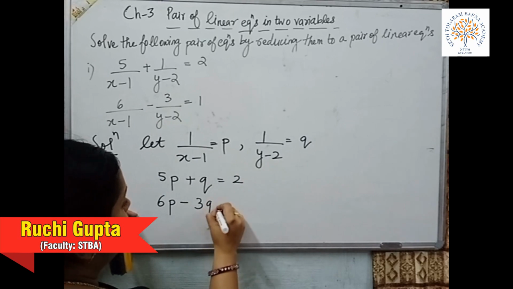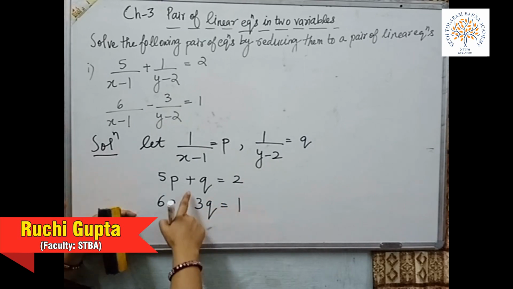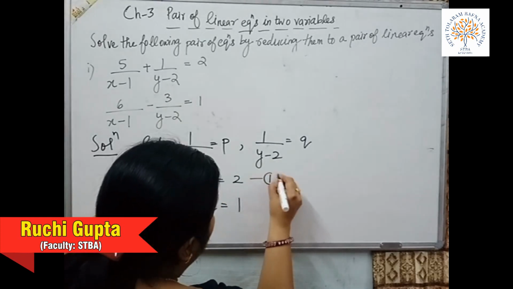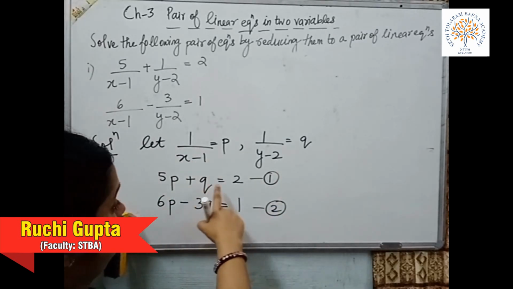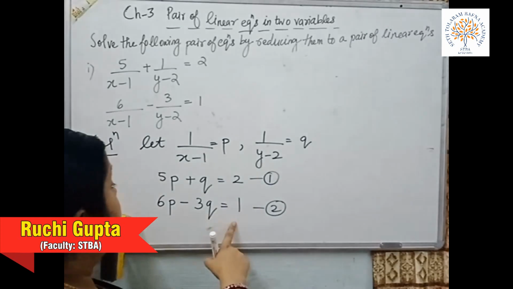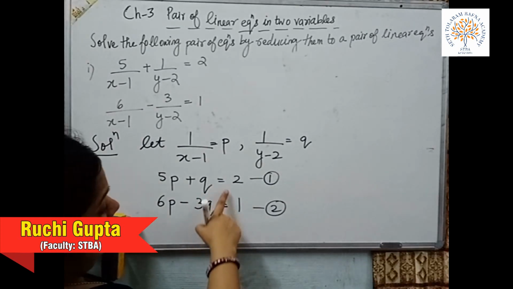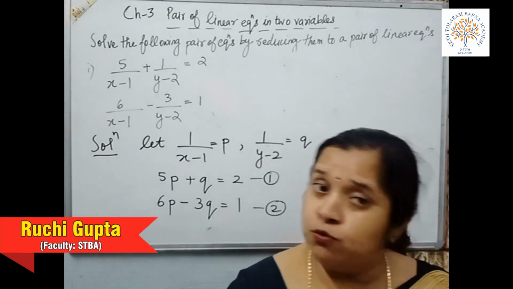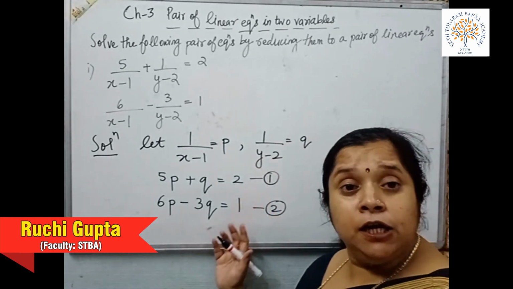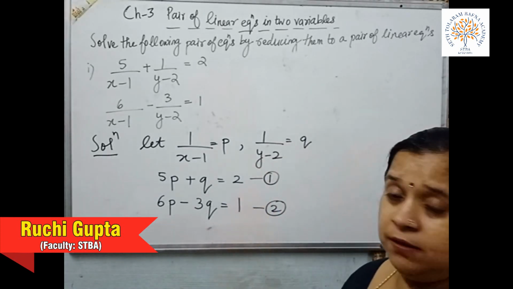It is q. Okay, students? So now we have two equations, and they are in the form of ax plus by plus c. So now we can solve these two equations by elimination, substitution, as well as by the cross multiplication method.